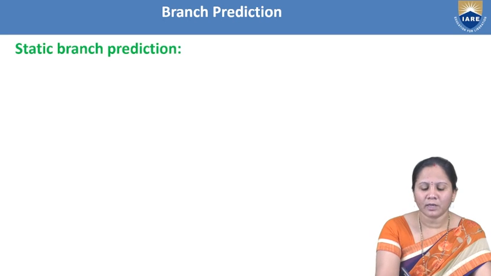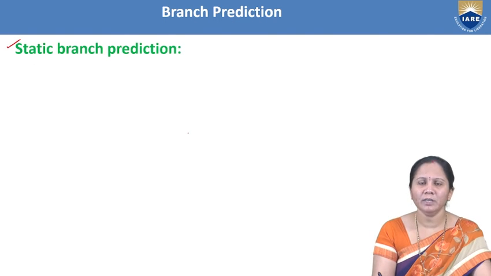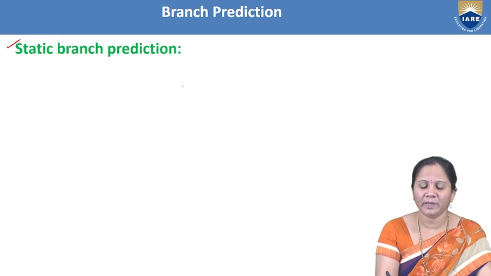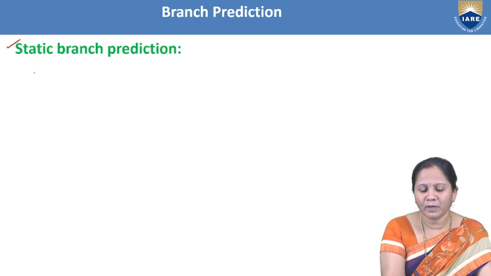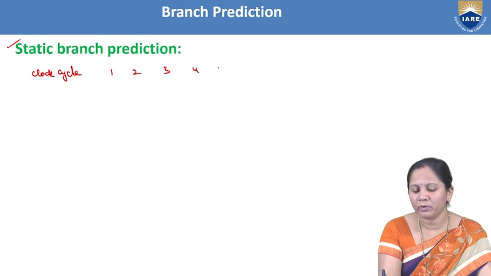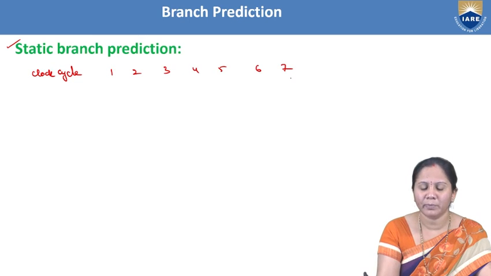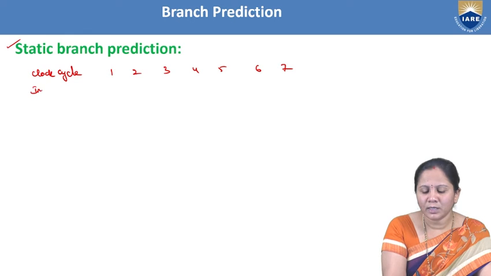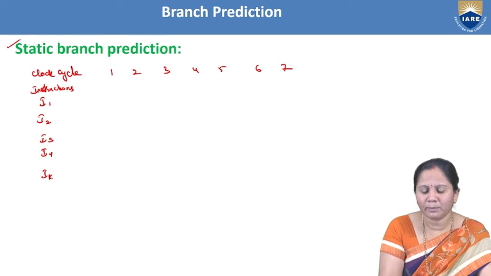Next, coming to static branch prediction. In this case, how will the instructions be executed? For example, consider the clock cycles 1, 2, 3, 4, 5, 6, 7, and these are the instructions, I1, I2, I3, I4, and so on up to IK.